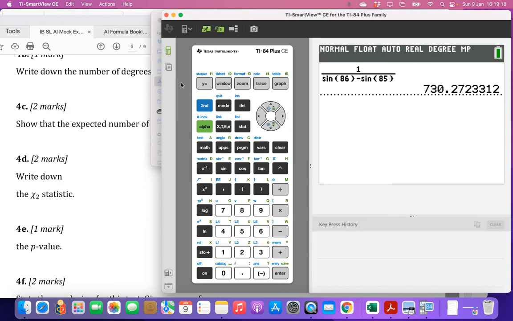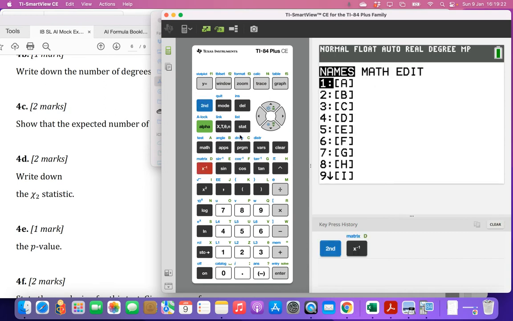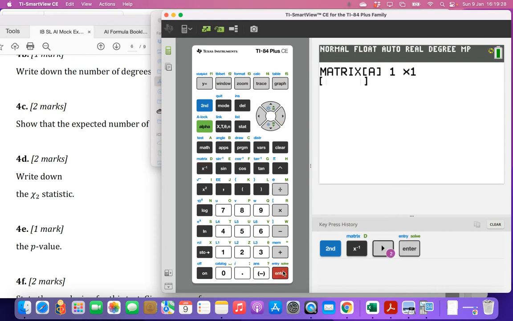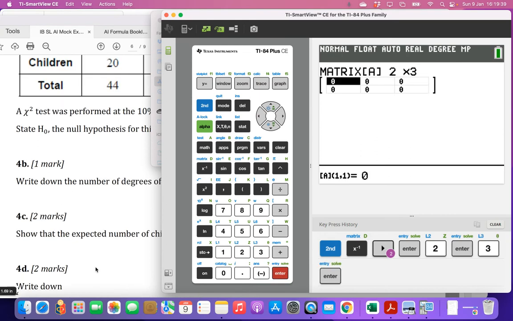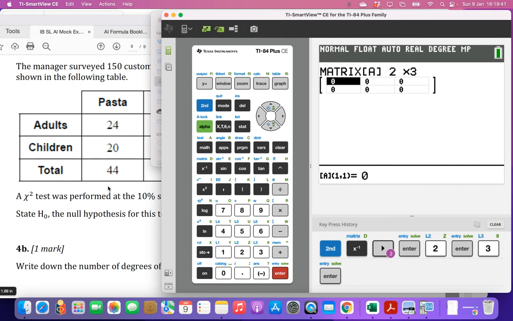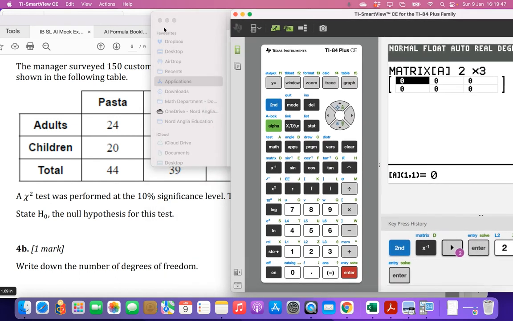So matrix is here, second matrix, and I want to edit this matrix, and I want to make it 2 by 3, 2 rows, 3 columns, and you see now it matches my question paper over here, and I can input those values to the matrix.